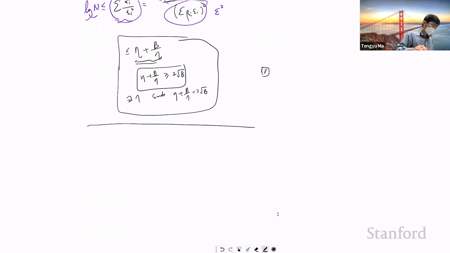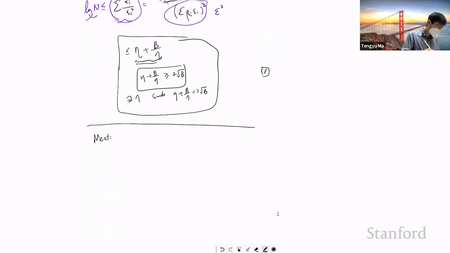Right, okay, so next we're going to do something better than this. And actually it turns out the proof is cleaner to some extent, because it's capturing the right quantity.